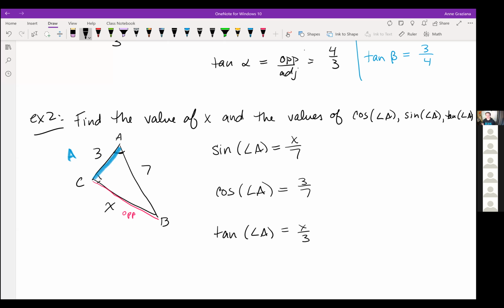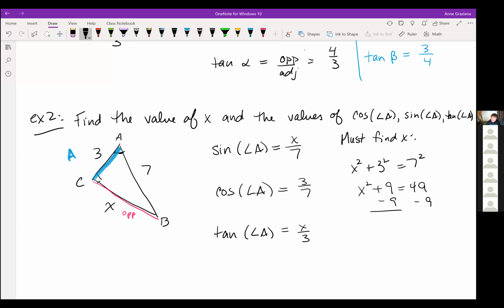Now the problem is we still have to find x. Can we find it? Yeah, we can. What do we use to find that? Pythagorean theorem. So we're going to do x squared plus 3 squared equals 7 squared, which is x squared plus 9 equals 49.